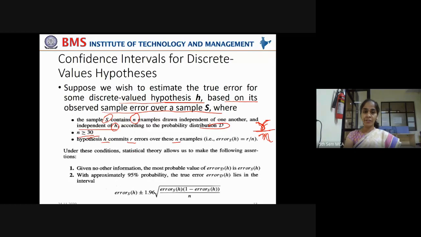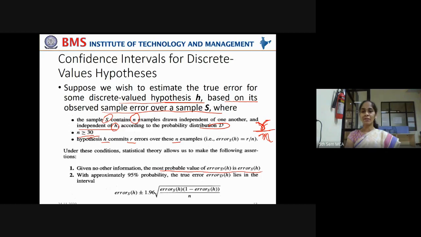Now, under these conditions, statistical theory allows us to make the following assertions. What assertions? Given no other information, assume that there is no information given. The most probable value of true error is equal to the sample error. Most of the time we will be optimistic, right?